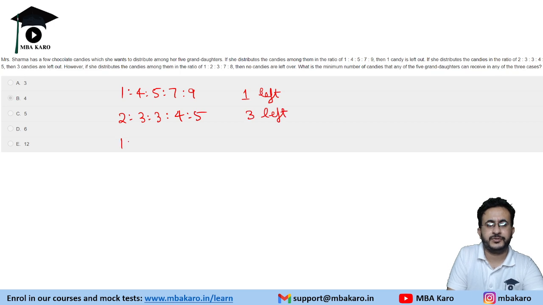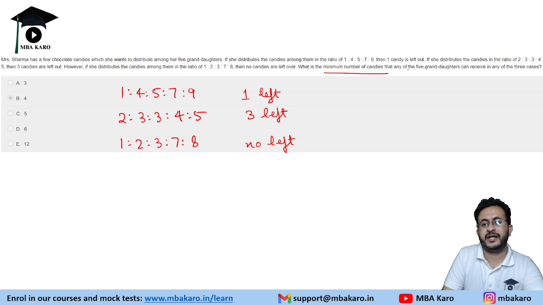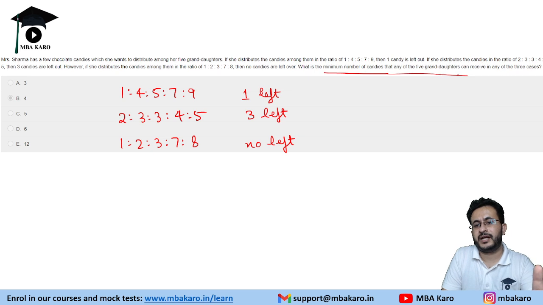And if she distributes in the ratio 1:2:3:7:8, there are none left. We need to find the minimum number of candies any of the five granddaughters will receive in any of the three cases.